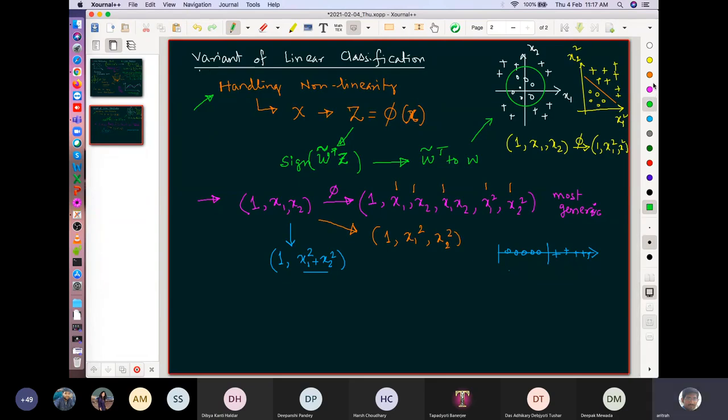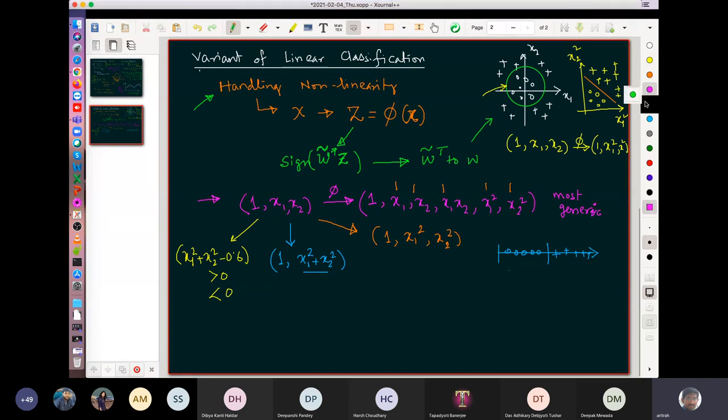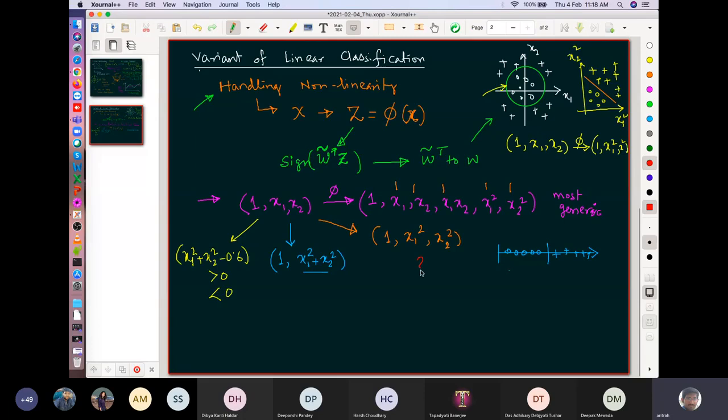However, if you look even more closely, you can find I can do it within one attribute also. Because if it is greater than 0, it is plus; if it is less than 0, it is 0. If you see this line formulation, it will be like that. Sir, I didn't understand the last one.